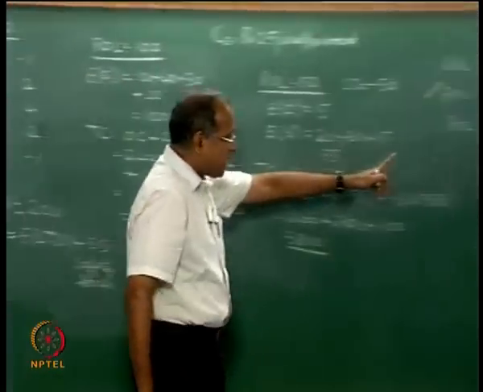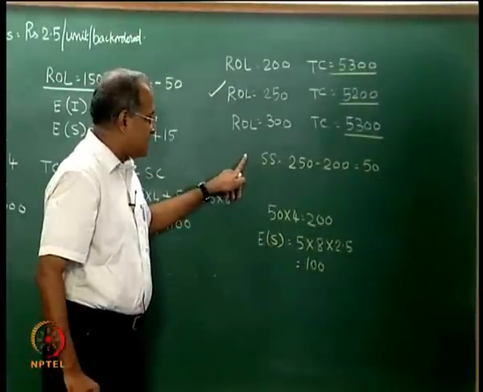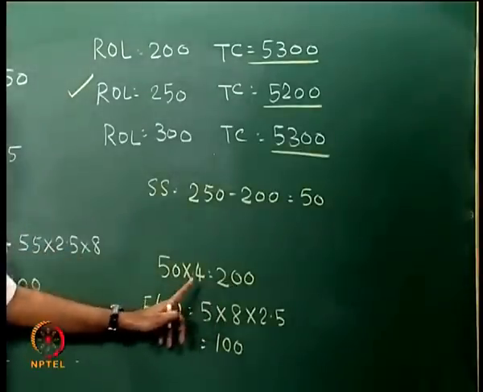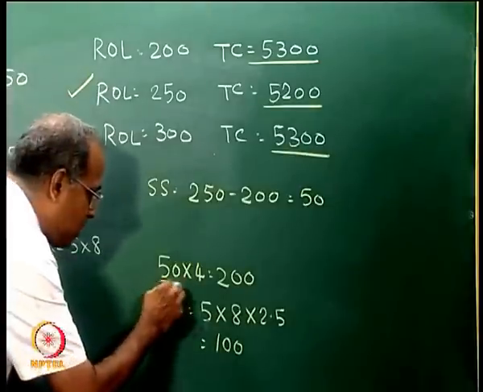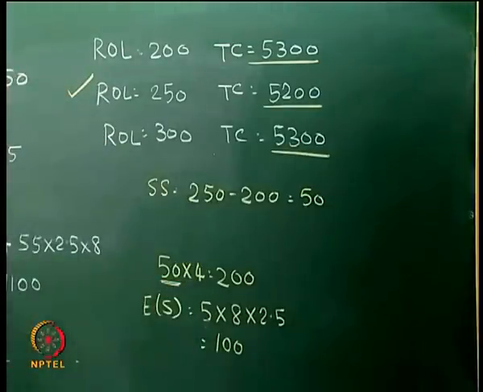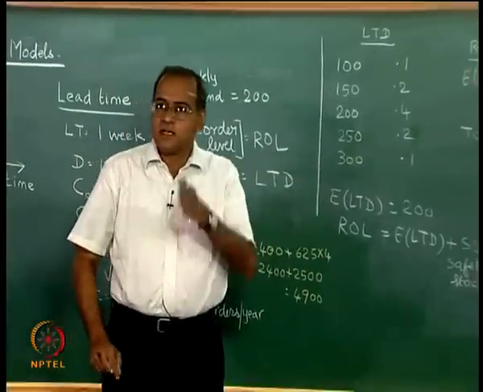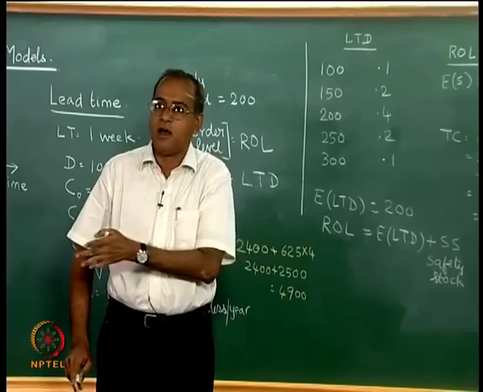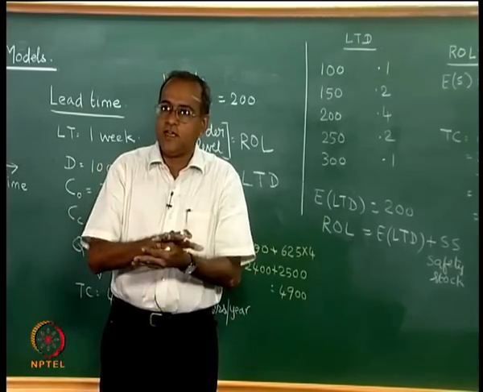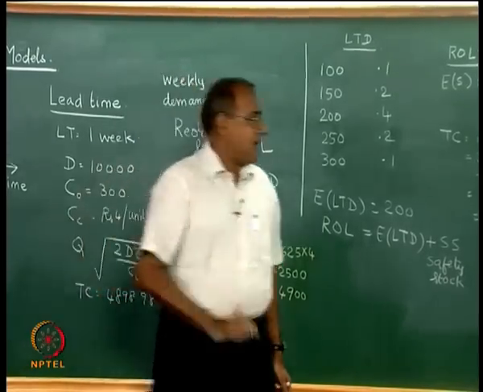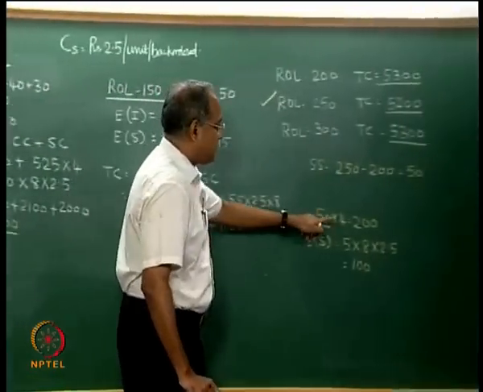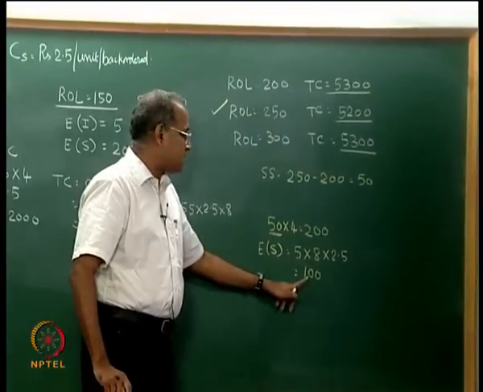The excess 50 safety stock incurs a cost of rupees 4, and note that we do not put safety stock by 2. Here we put Q by 2 in the calculation because of the average inventory. The safety stock is not going to be consumed at all. So the safety stock of 50 will be carried forever, and it would incur an additional cost of 200 plus a shortage cost of 100.